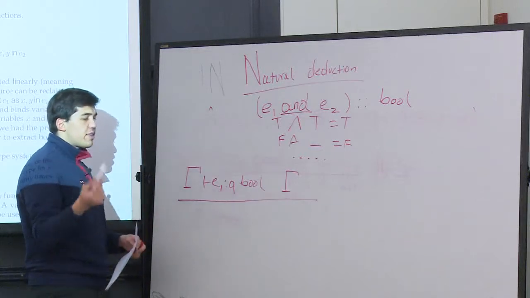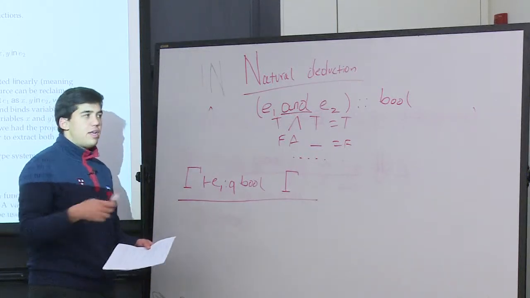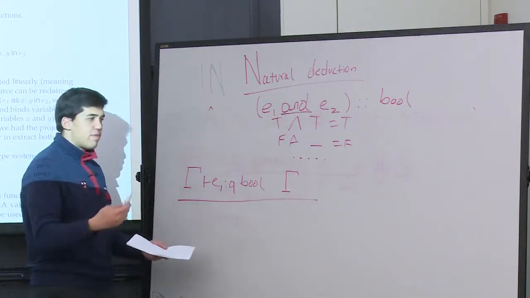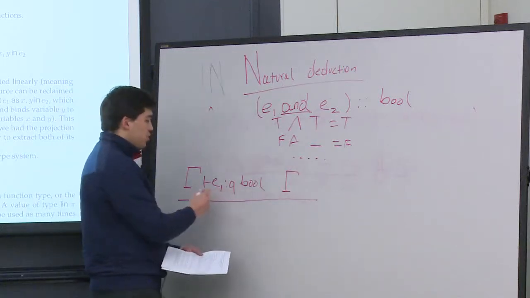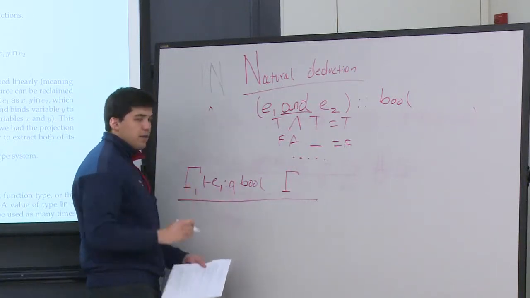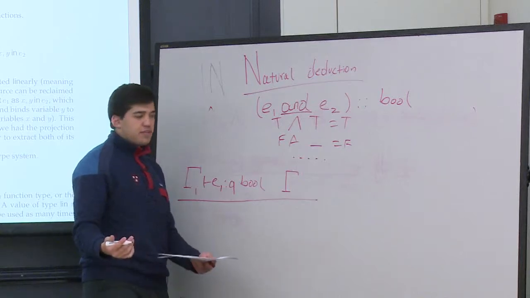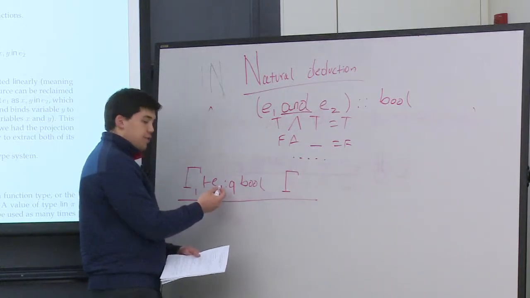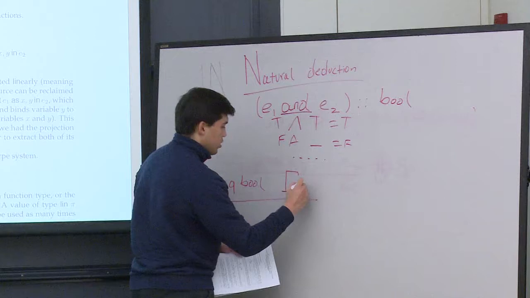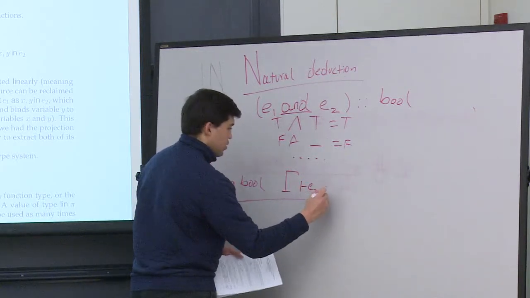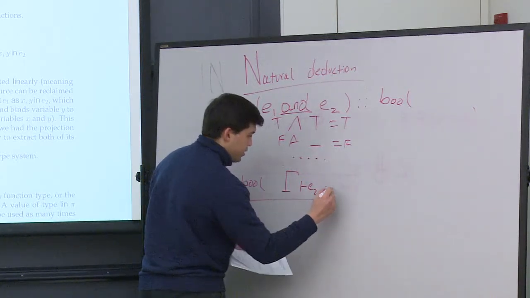So then we can think that E1 at the end and E2 in the end both result in a Boolean value. So this condition has to hold for context 1, because as we said, there can be different contexts that these expressions exist in. And then this is also the same fact.